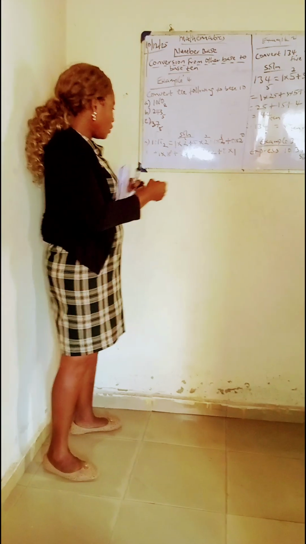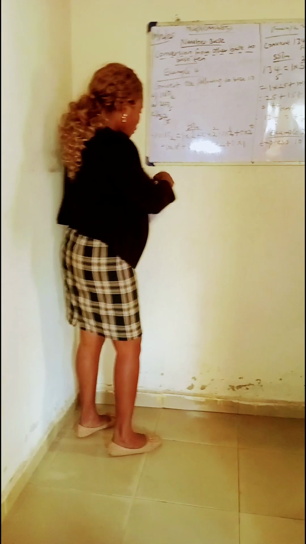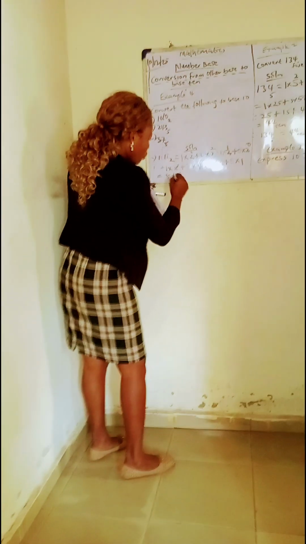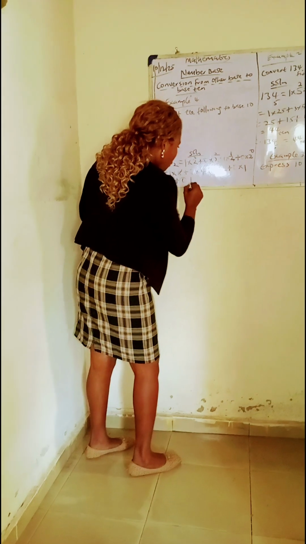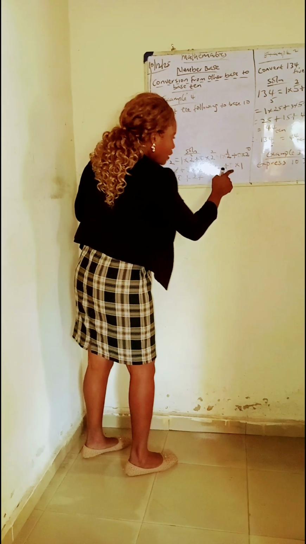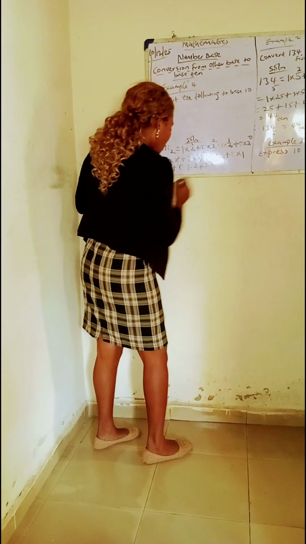Then we have this 1 times 8 will give us 8. Equal to 1 times 8 will give us 8. Plus 0 times 4 will give us 0. Anything multiplied by 0 gives you 0. Plus 1 times 2 will give you 2. Plus anything multiplied by 0 will also give you 0. 0 times 1 will give you 0.